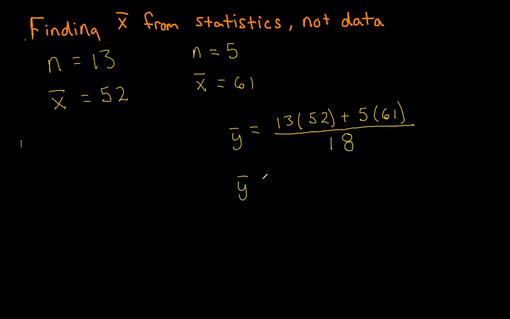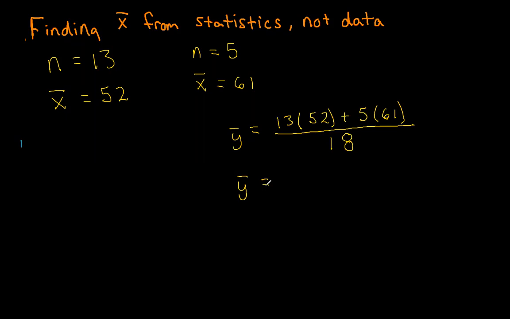So your mean for this group would be, I need to get a calculator to do this, 13 times 52, that is 676, plus 5 times 61, which is going to be 305, all divided by 18.